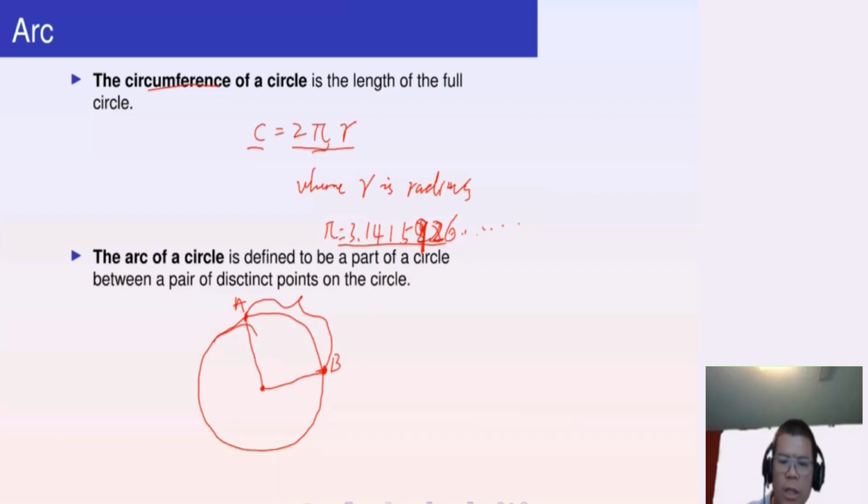Now be careful, it's not this one. These are not included. It's just this part. That's the arc.